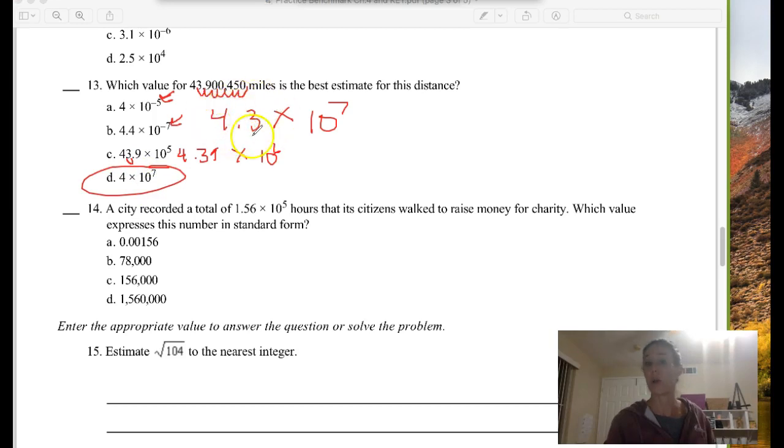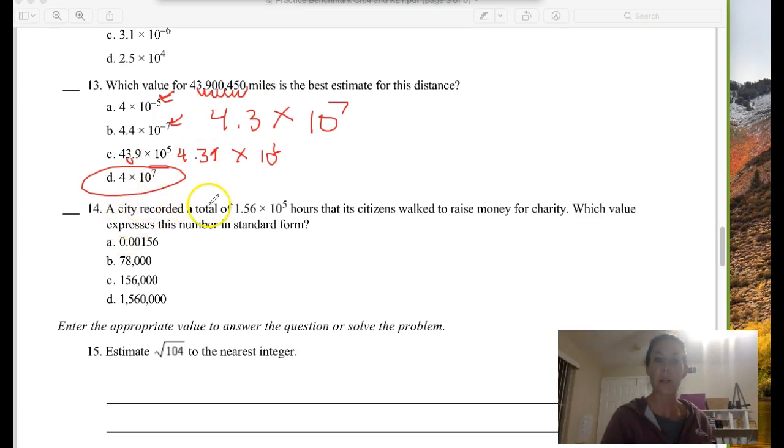So they approximated this to 4 instead of 4.3, but it has the correct number of decimal places. So they just approximated this to 40 million instead of 43,900,450.